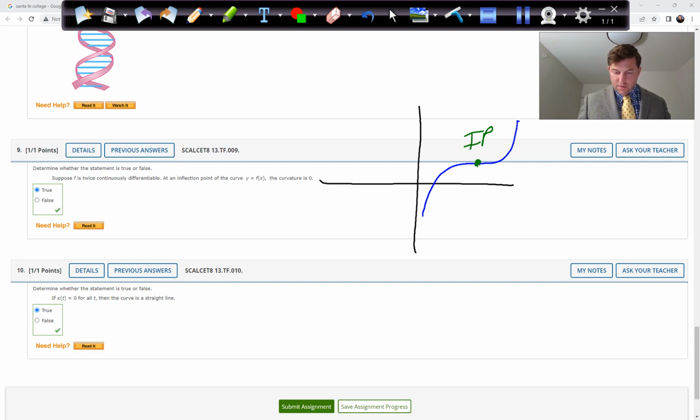Now, the derivative of this is a flat line. Yeah, let's look at the derivative. The derivative of this is a flat, straight line that has no curvature. So the curvature is 0. Yes, it is true.